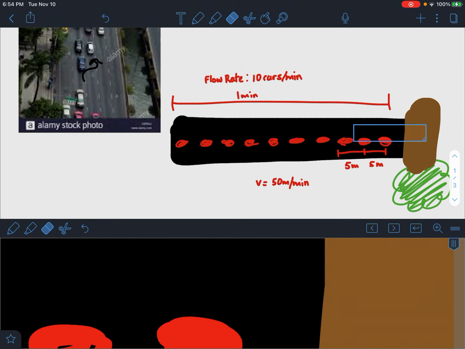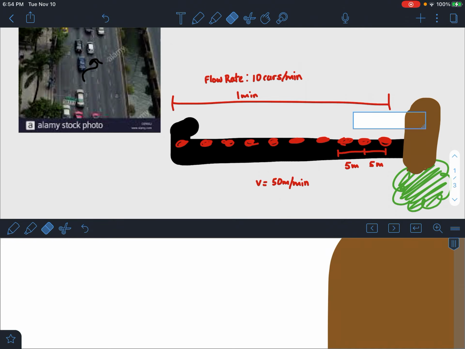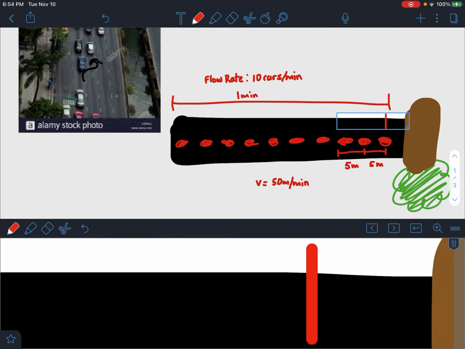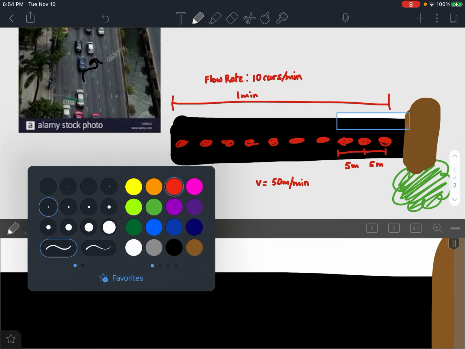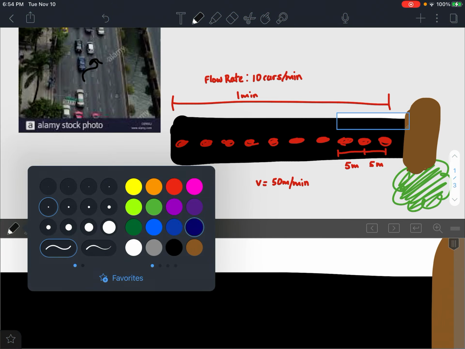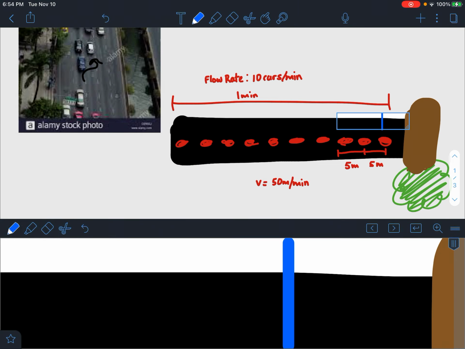Let's say we have a line right here, and let's make it blue, and lighter.